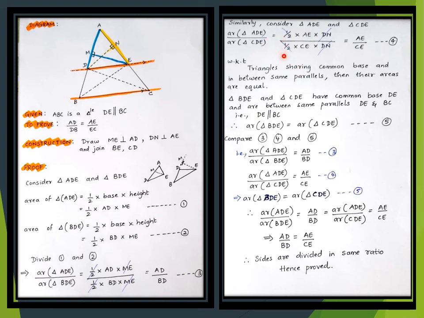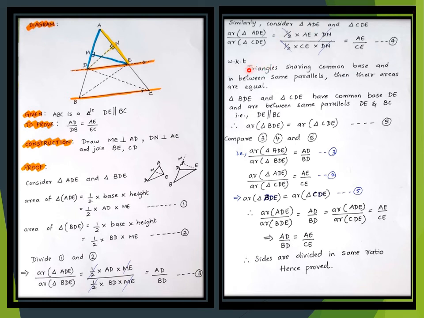Half and half can be cancelled. DN and DN can be cancelled. So your new equation is going to be area of triangle ADE divided by area of triangle CDE is equal to AE by CE. Give it as equation number 4. So we have two equations with us, that is equation 3 and equation 4.